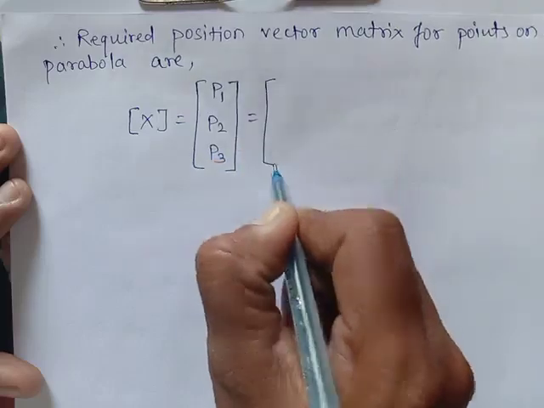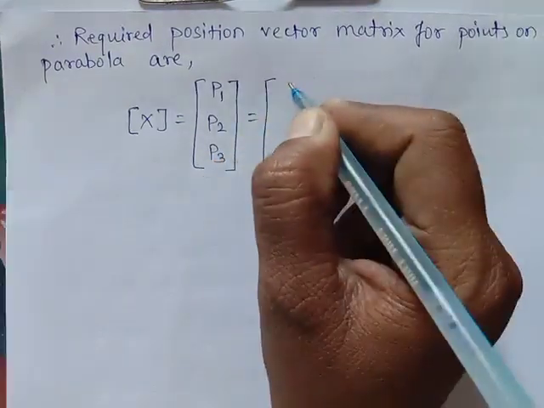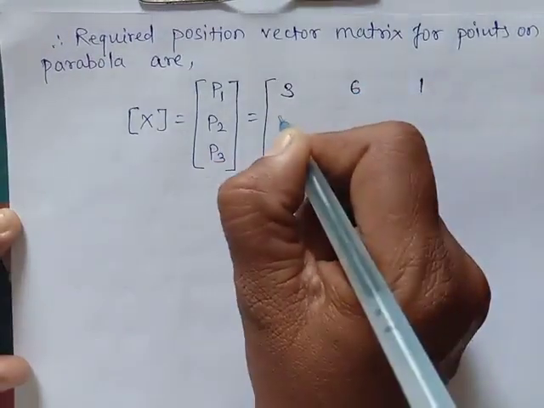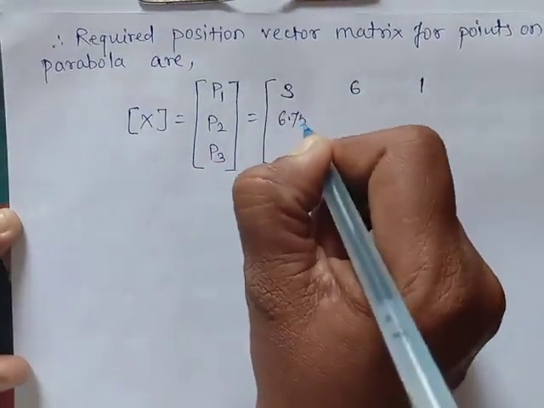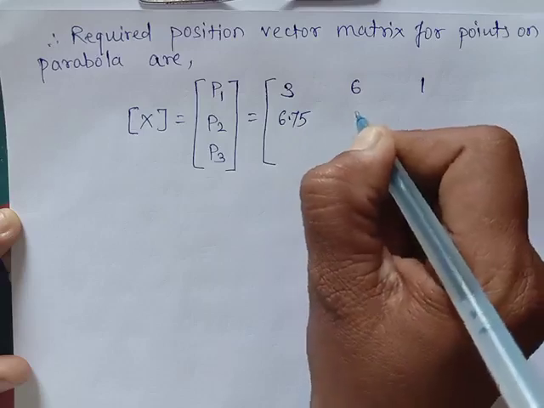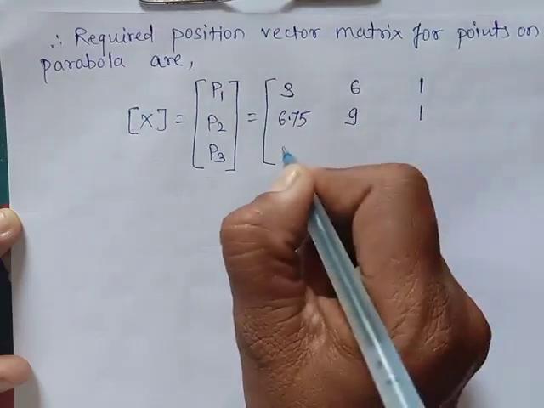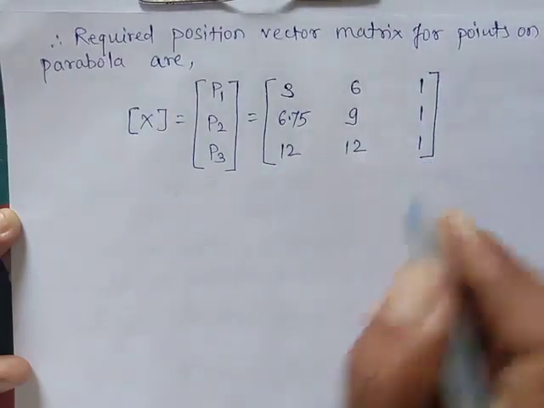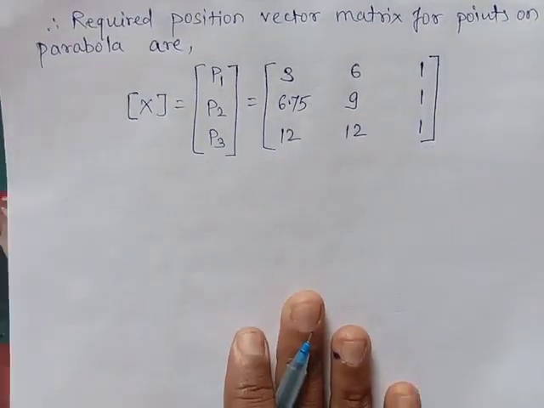P1 is 3, 6, 1. This is 6.75, 9, 1. Here 12, 12, 1. This is our answer for this question.